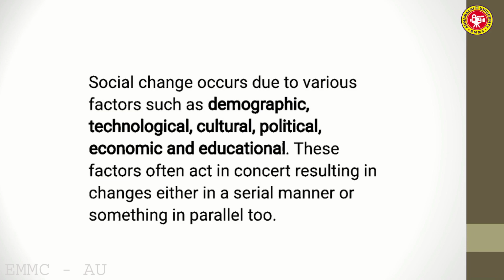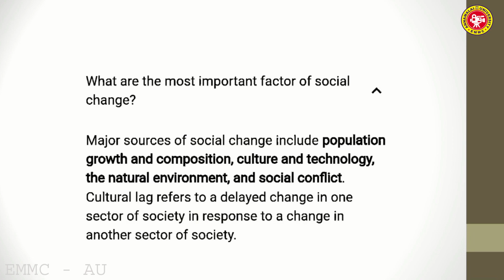Social change occurs due to various factors such as demographic, technological, cultural, political, economic and educational. These factors often act concurrently, resulting in changes either in a serial manner or in parallel.